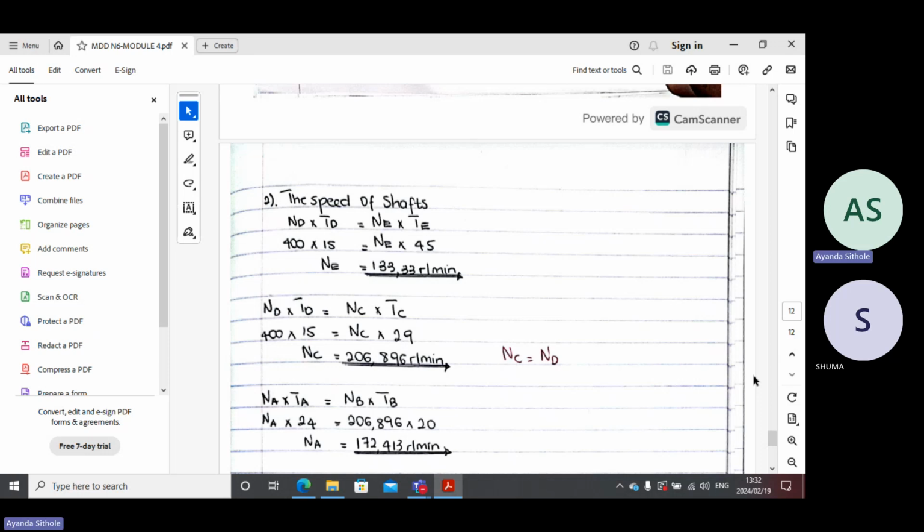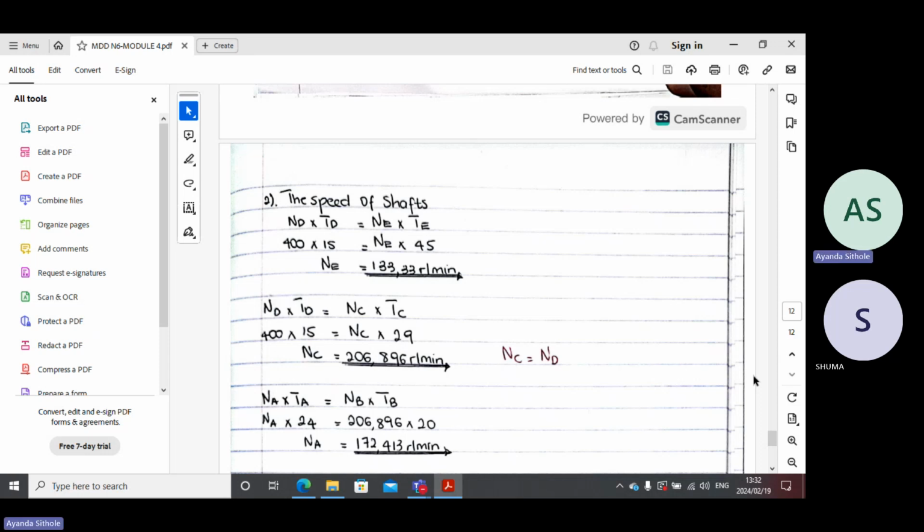So our ND is given, 400 times 15, and then we are looking for NC, and the number of teeth we have for C. Our answer for NC is 206.896.